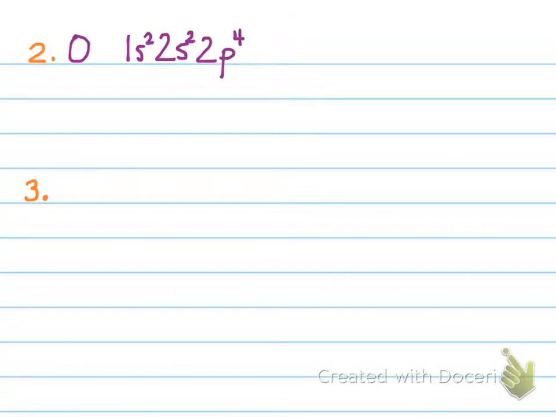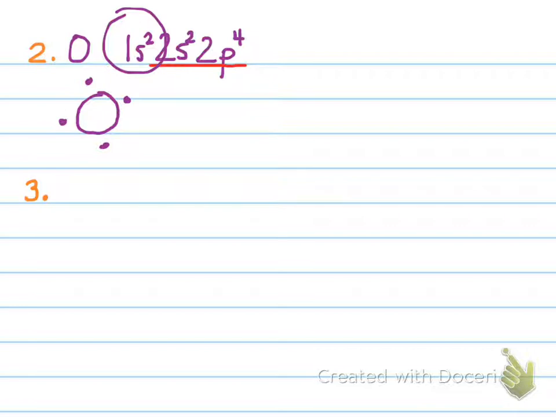Again, the highest occupied energy level portion is the 2s2, 2p4. So my symbol O, again, represents all of that. And now I'm going to put 4 dots. So 1, 2, 3, 4. I put 1 dot on each side of oxygen.